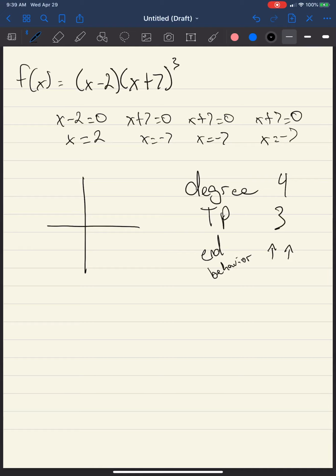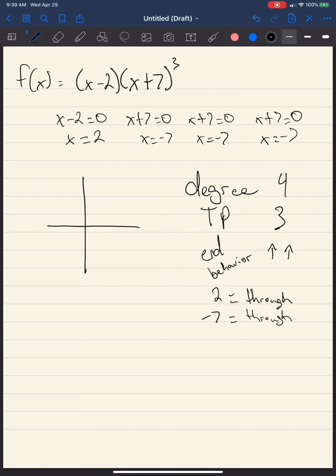And then let's look at our solutions and find our multiplicity. So 2 only shows up 1 time. Since that's odd, it's going to go through. And then negative 7 is 1, 2, 3 times, so that's also odd. So it's also going to go through.